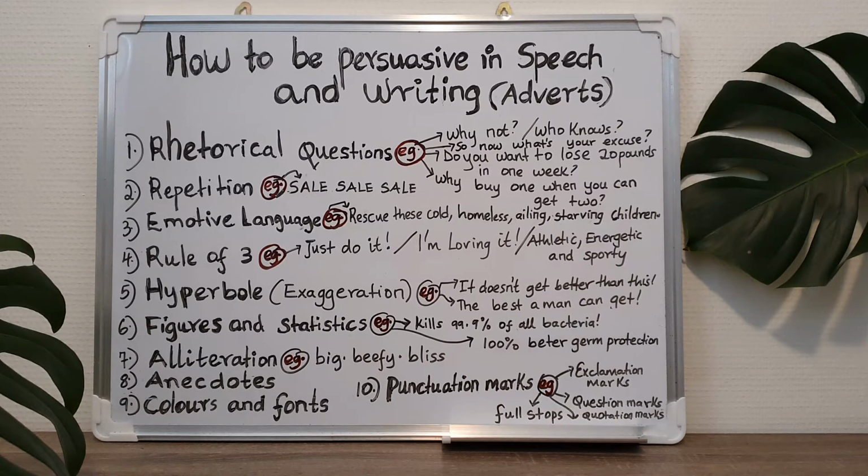Okay? So, emotive language is very often the use of adjectives. So when you use adjectives, remember you use adjectives to describe nouns. So these children are described as being cold, homeless, ailing, and starving.